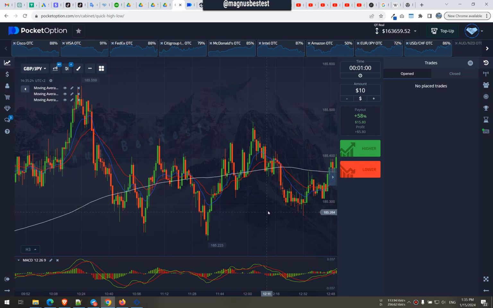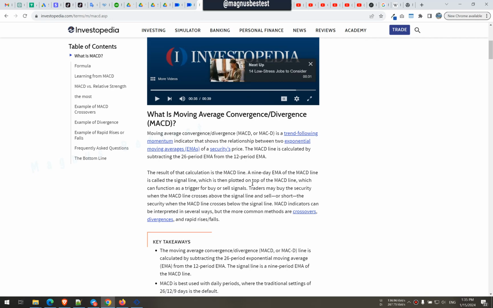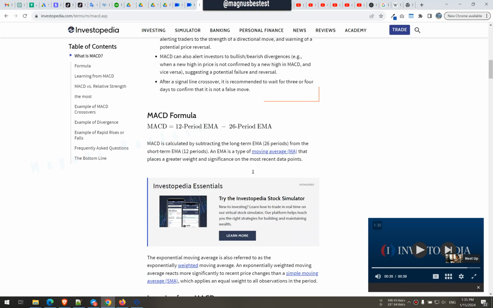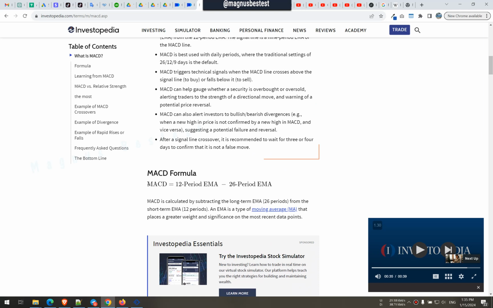And what else? I wanted to show you one more thing, what Investopedia says. This is the formula for the MACD line. As I told you, it's the EMA period, the faster minus the slower.